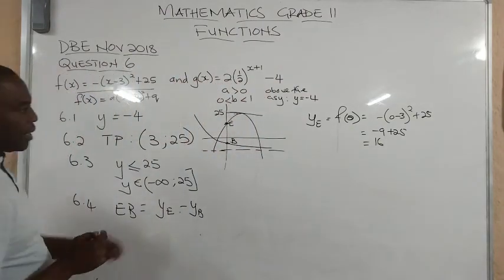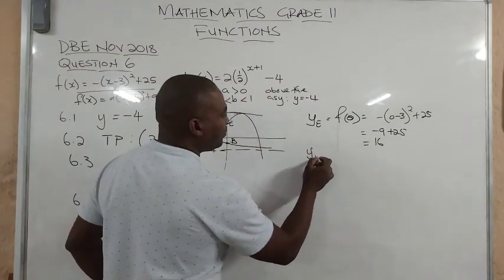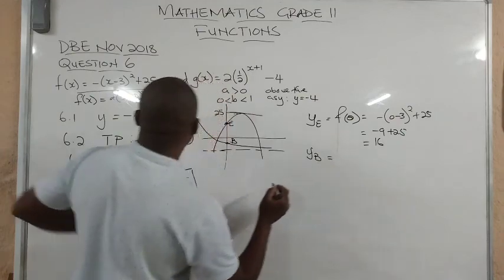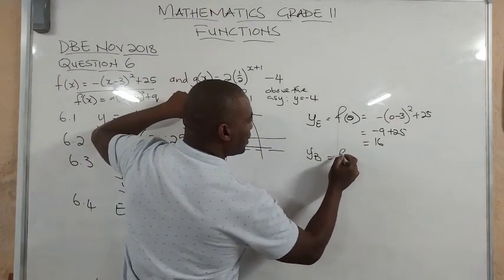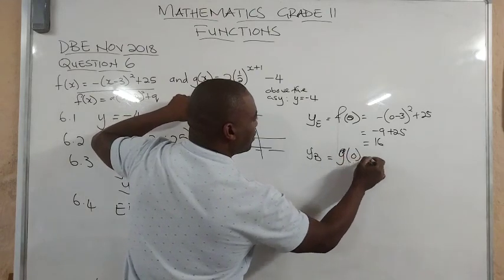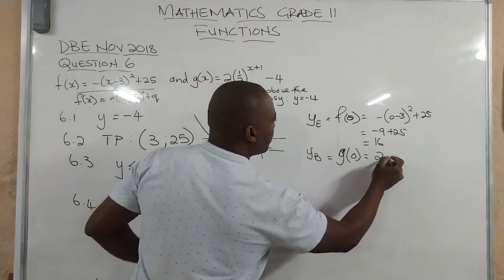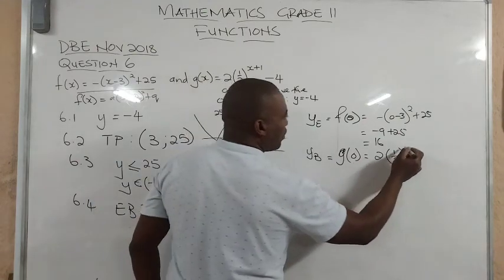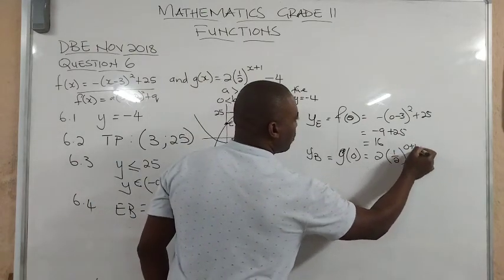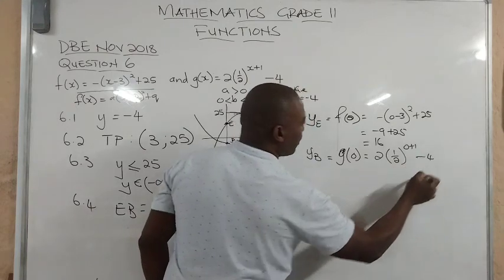And then y at B, we'll get by putting 0 on g of x there. So it's g of 0, which is 2 by 2 by half to the power 0 plus 1 minus 4.